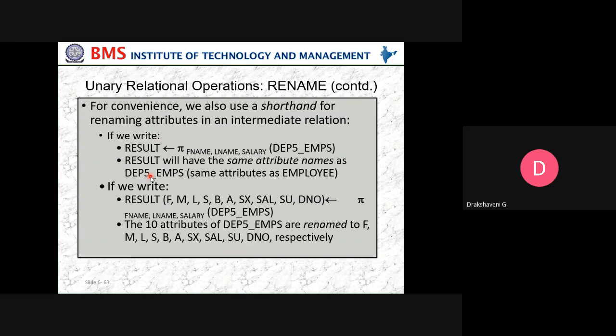If we write the result with renamed attributes, F for first name, M for middle name, L for last name, and social security number as S, birth date, address, sex, whether male or female, the salary of the employee, the super SSN, who is the head of the department, and the department number. So here, the 10 attributes of department 5 employees are renamed. All these are renamed respectively.